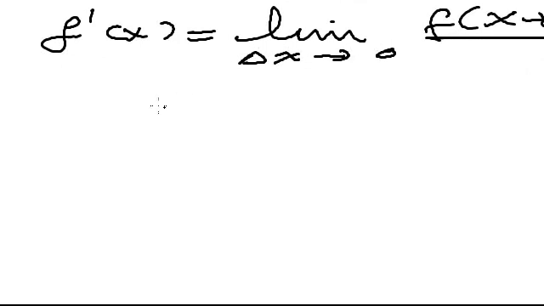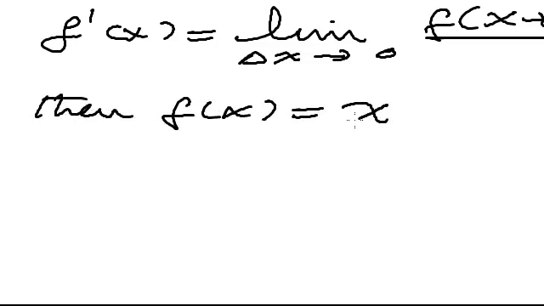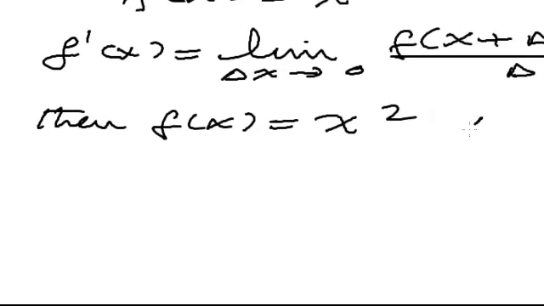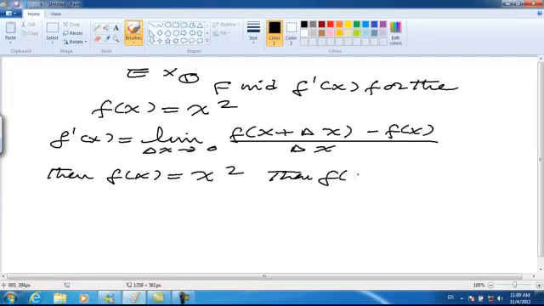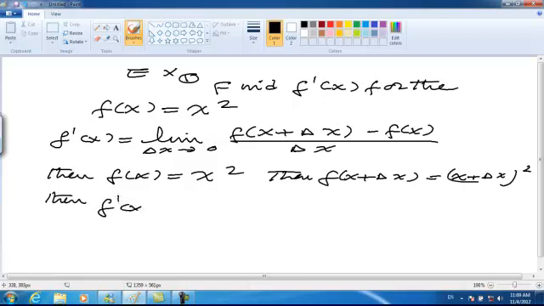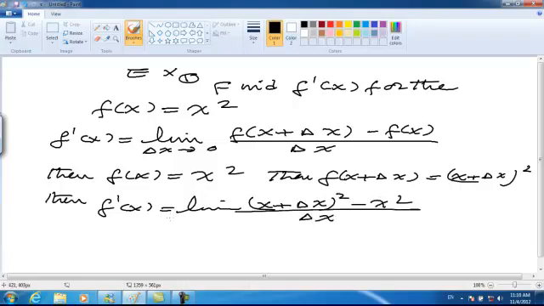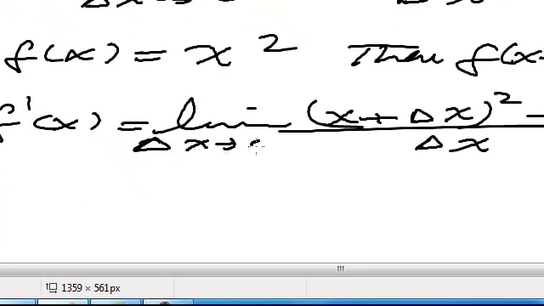Then f of x plus delta x equals x plus delta x all square. Then f dash of x equals the limit of x plus delta x all square minus x square, divided by delta x, as delta x tends to 0.